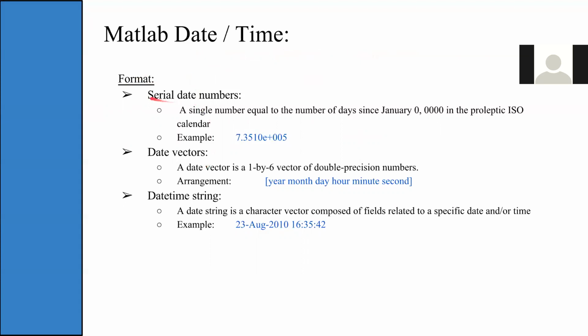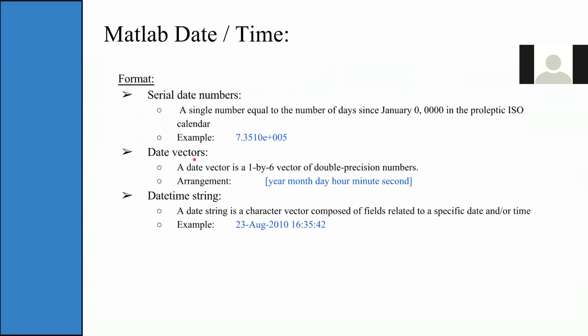So one form is called serial date numbers, and they appear like this. A single number is equal to the number of days since January 0, 0000. So it looks funky, but it's the same thing as if you were to see this date string. So this is serial date numbers.